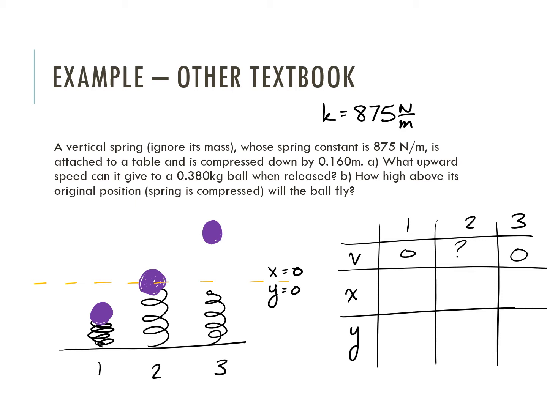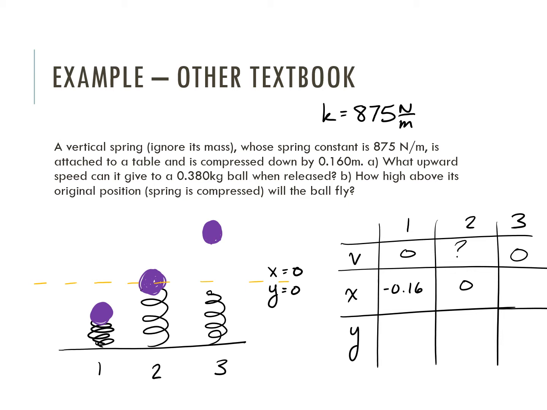At point 1, I have compressed my spring 0.16. Technically, I should have a negative sign because I've compressed it, but I am going to be squaring the value. So if you don't include it for x, that's okay because that value gets squared out. At point 2, I'm at equilibrium, so that's going to be 0. And at point 3, the spring is not stretching.